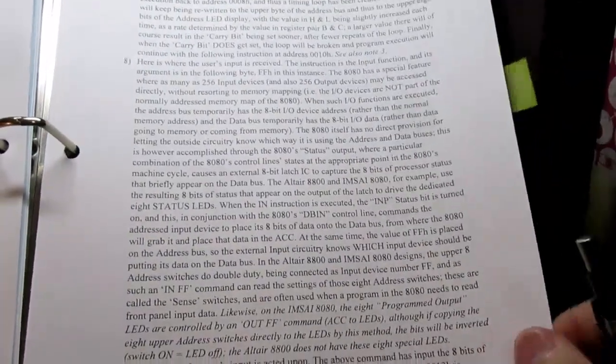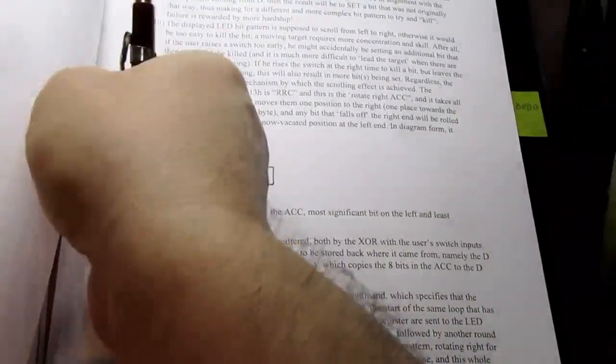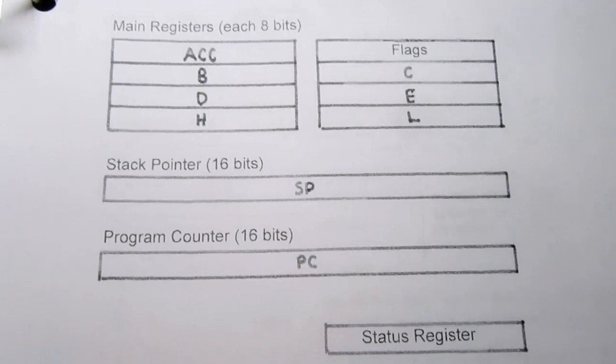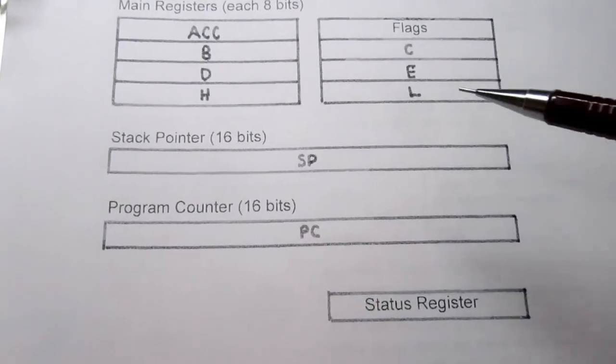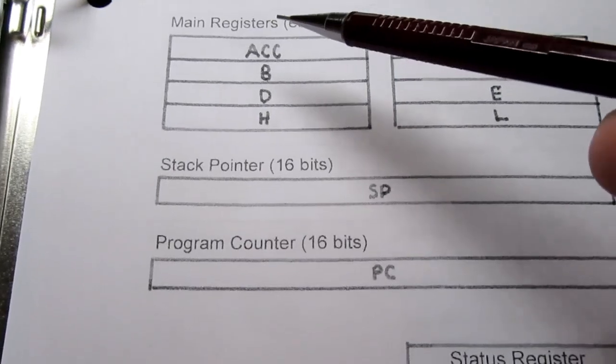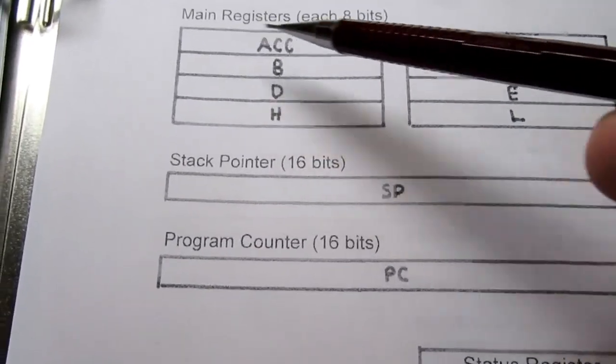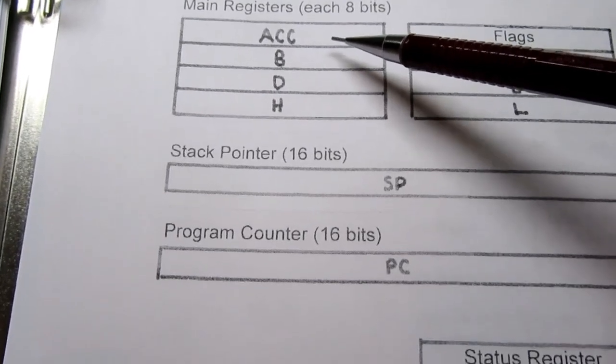Now I want to go into the architecture of the 8080's registers, because that'll be necessary to understand going forward. So here's a diagram I made up of the various registers in the 8080. It has the main register set, each of which is 8 bits. There's the accumulator or A register.